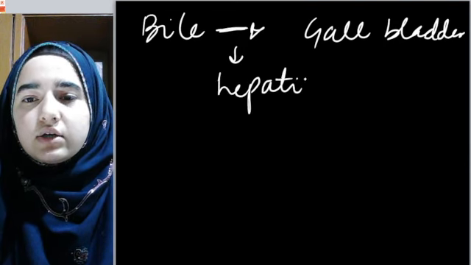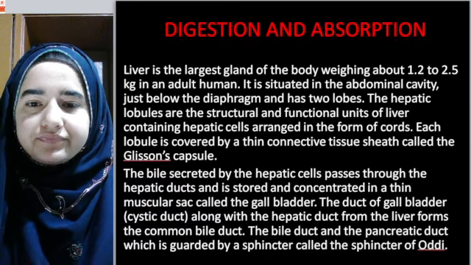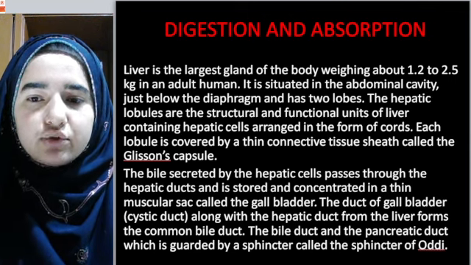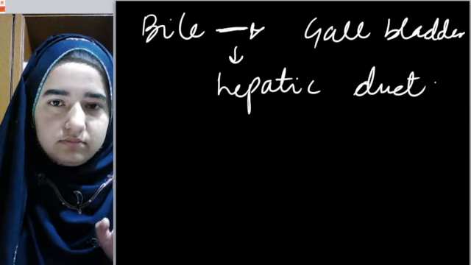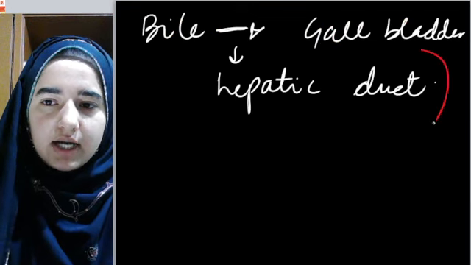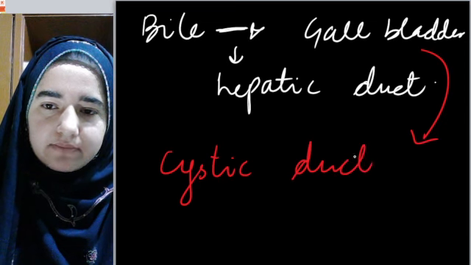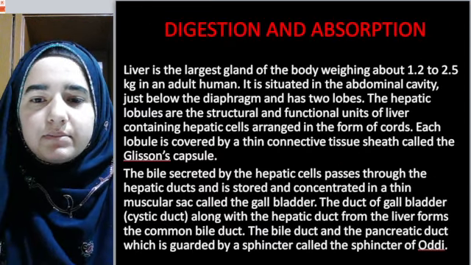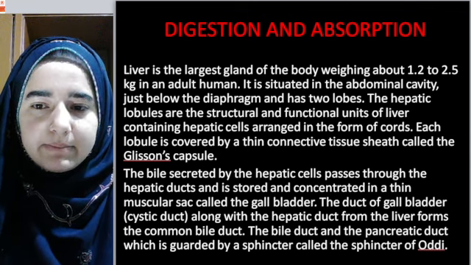They are transported to the muscular sac known as gallbladder through the hepatic duct, and we have a duct of the gallbladder. The duct of the liver is known as hepatic duct. The duct of the gallbladder is known as cystic duct. The cystic duct, along with the hepatic duct from the liver, forms the common bile duct.